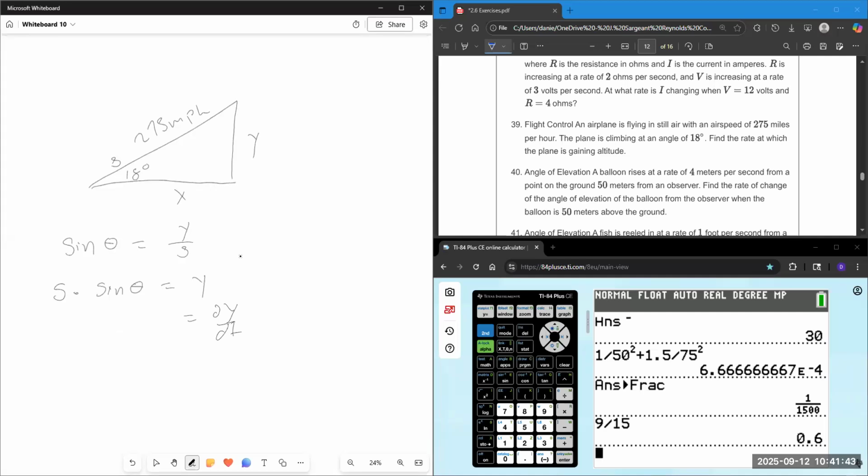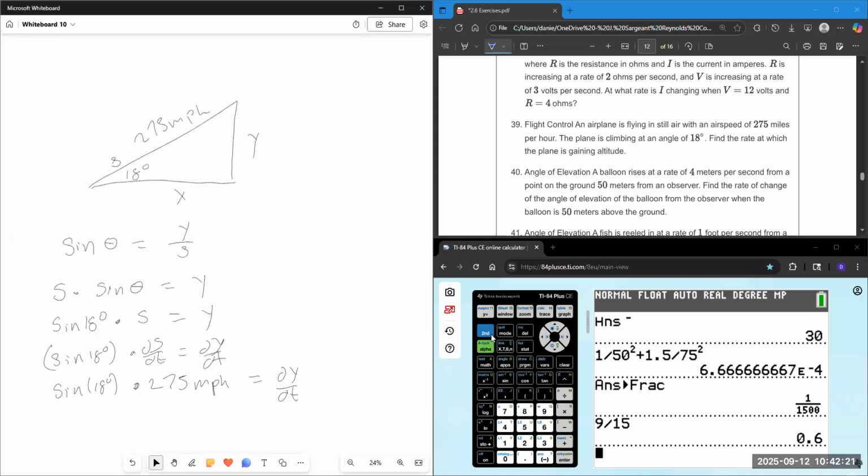Sine of theta is a constant because it's sine of 18 degrees times s is equal to y. Sine of 18 degrees is a constant times ds/dt is equal to dy/dt. The angle is not changing, the angle is constant. So sine of 18 degrees times my airspeed there is equal to dy/dt.